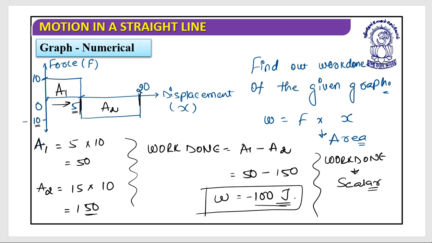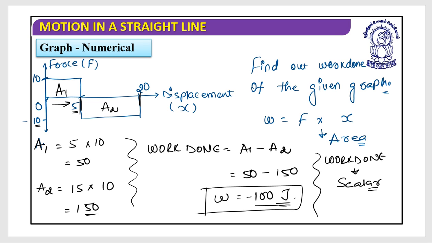And when it can possess a negative value, those areas which are below the x-axis should be considered as negative, and those areas which are above the x-axis should be considered as positive. I hope you are clear with this.